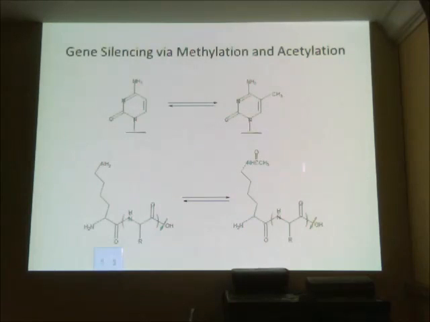The degree of winding and packing has a lot to do with whether or not the gene is expressed. In this case I'm showing what's called an acetylation reaction. Adding this CH3CO group to this amino group is an acetylation. When this is acetylated, I believe it's wound a little more loosely than it would be otherwise. So this changes whether or not the gene is going to be accessible.